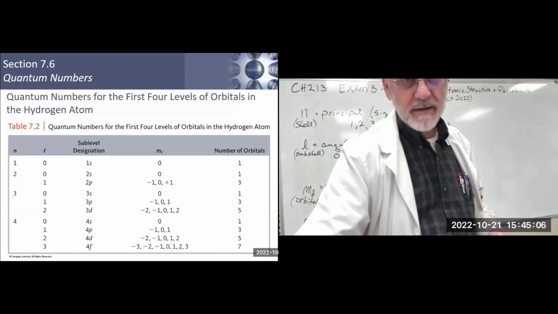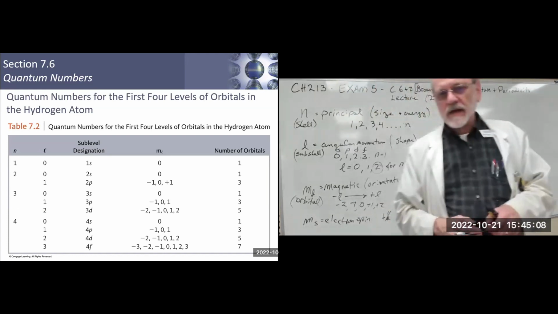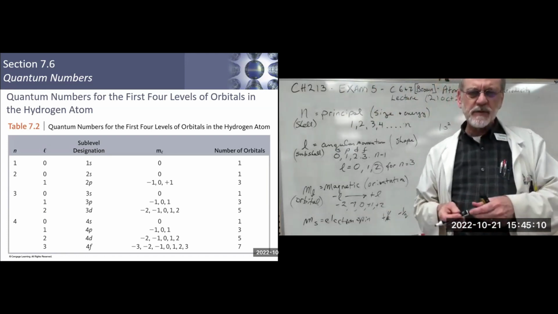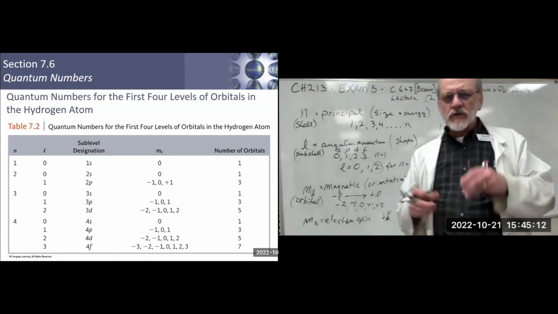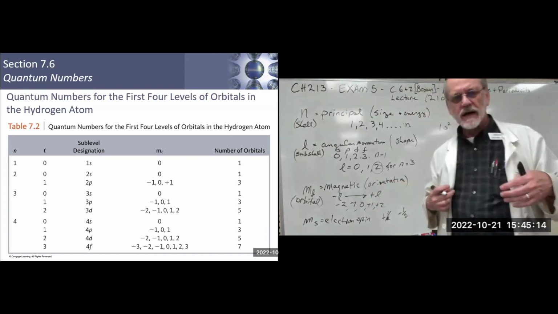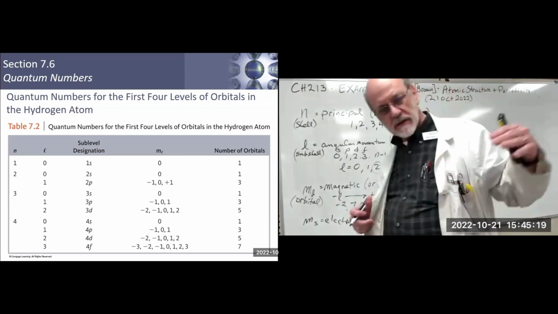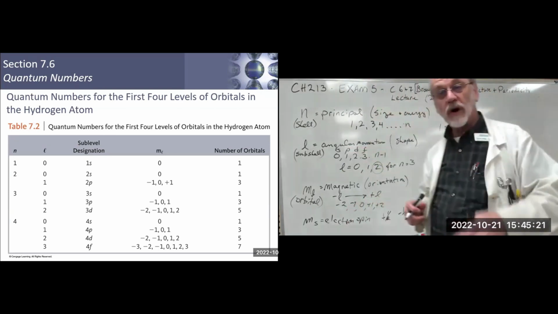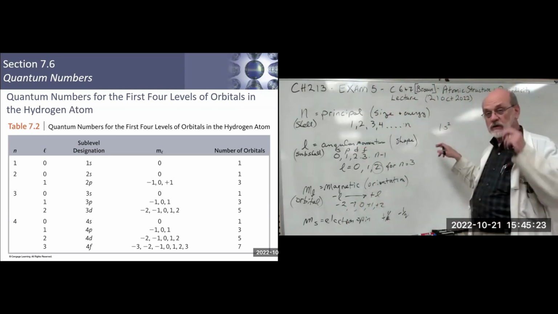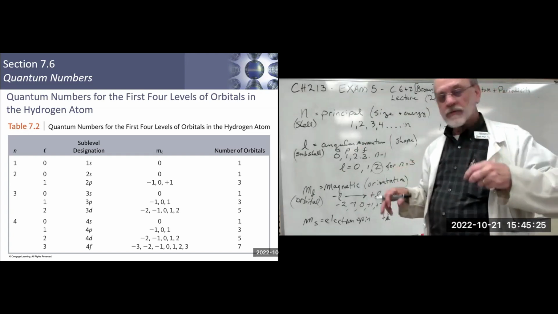Okay. So I'm not going to spend a lot of time on this because I think we can do the calculations and say what's the number of orbitals that are possible for the N1 level? Well, there's only one, right? We just showed that. There's only one possibility.